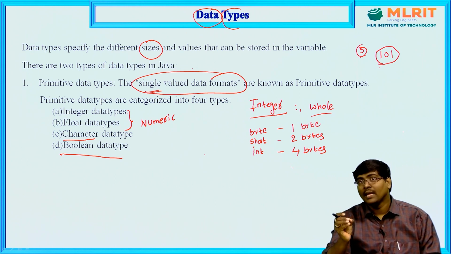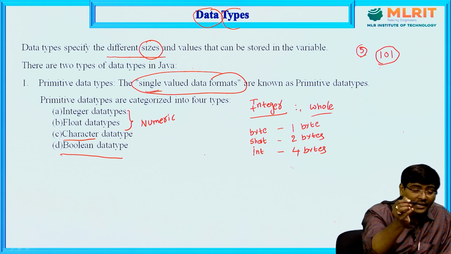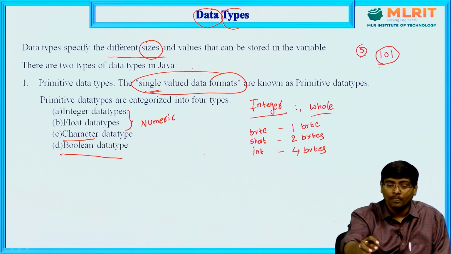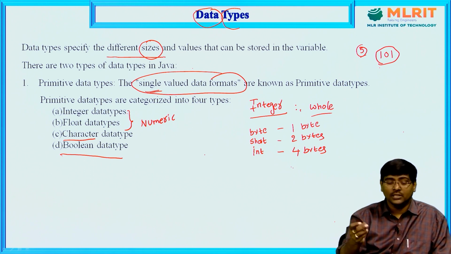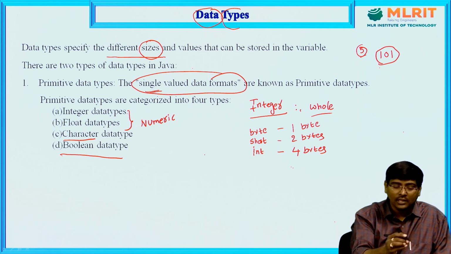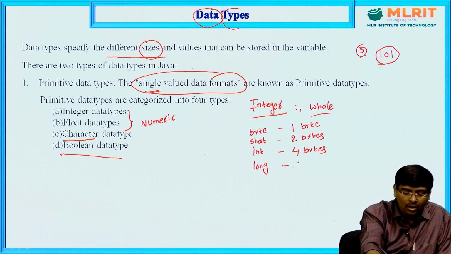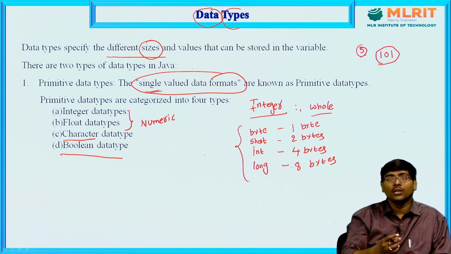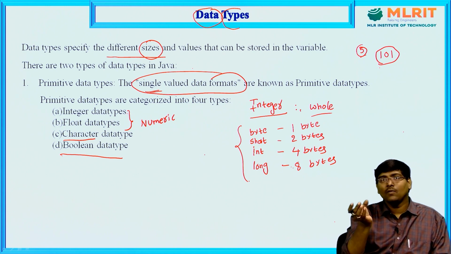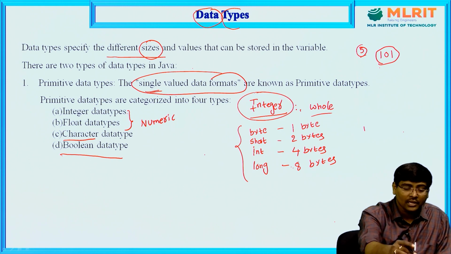So, data types specify different sizes also. If your number crosses 32 bits, and int is also not sufficient, then you move to the next one, long. The size of long is 8 bytes. So, byte, short, int and long are the 4 variations for storing integers.